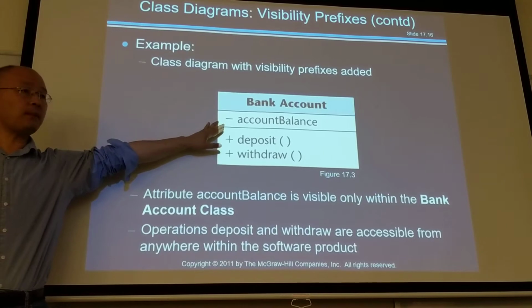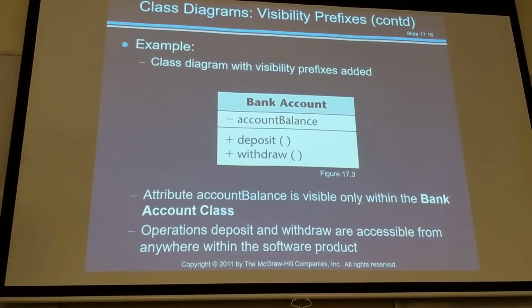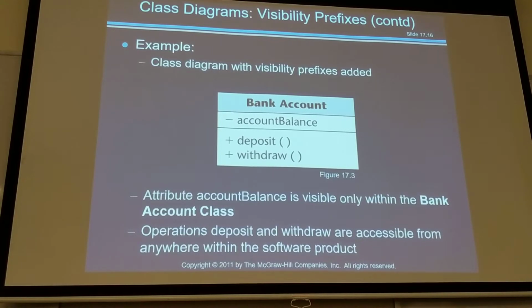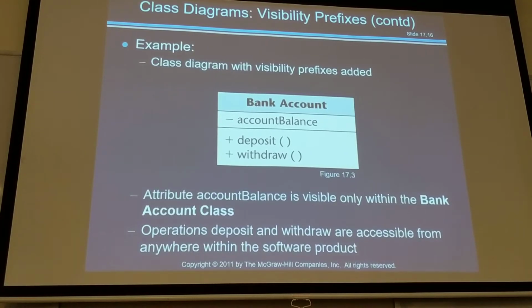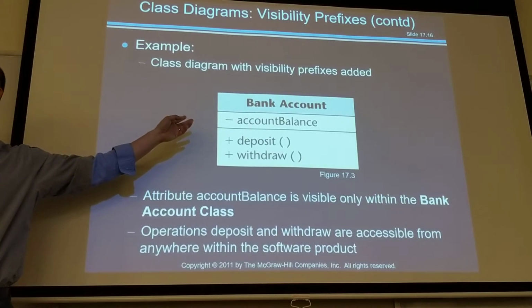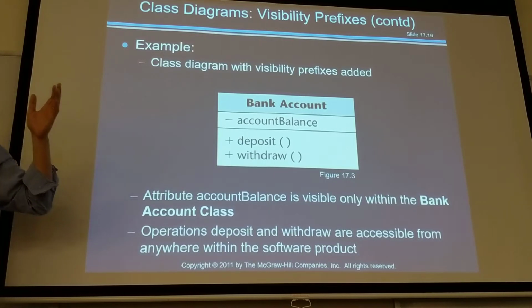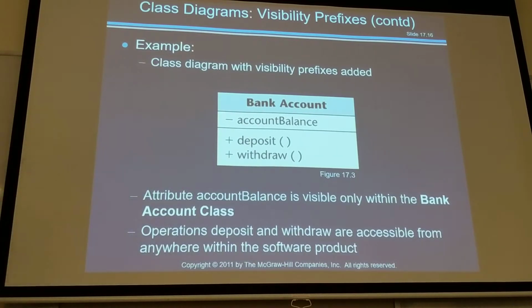If you make this public, basically any other entity in your program would be able to directly assign a value to your bank account. What's the problem with that? If I can circumvent the ATM machine, the tellers, online banking, and get to your bank account balance, what will happen?